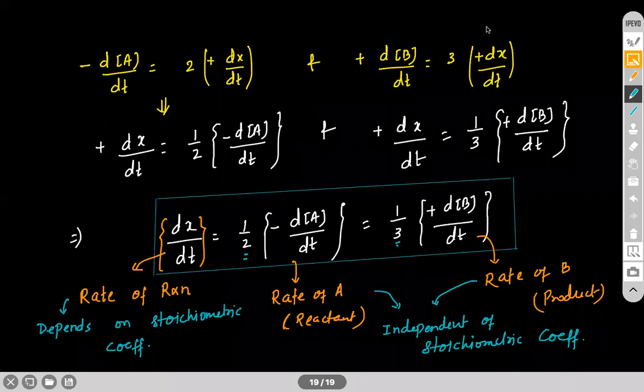If it is not given, it cannot be calculated. Okay. Next line.